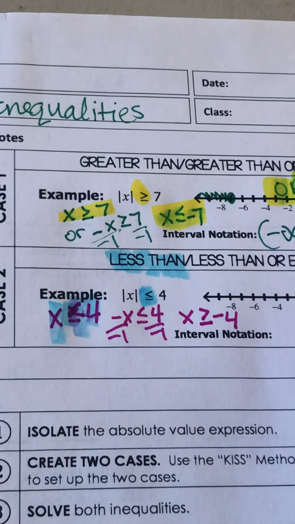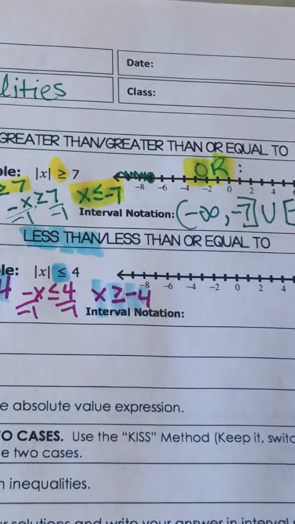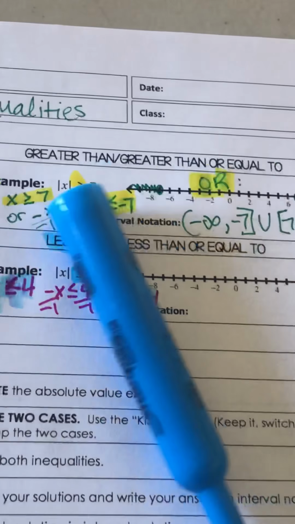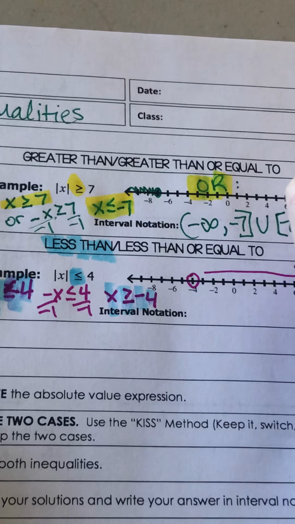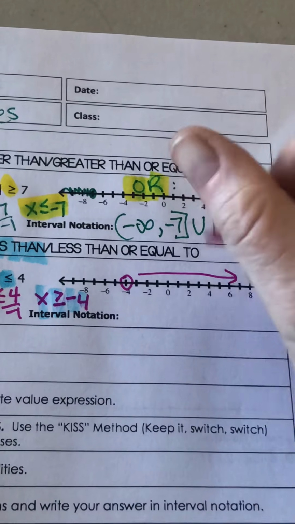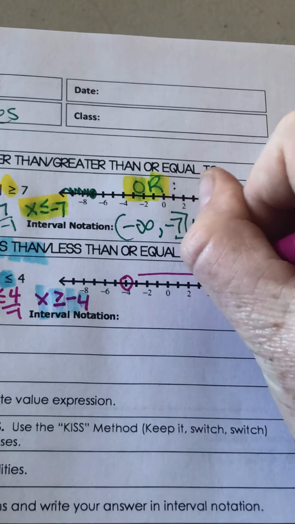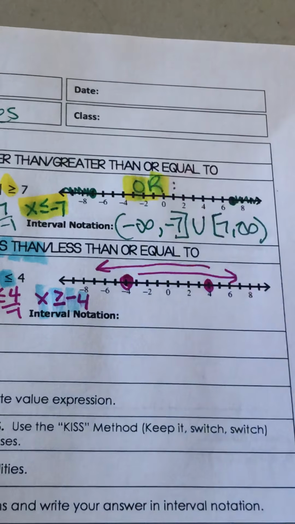Okay, so if we were to graph that, x would be greater than or equal to -4, which is this way. But x would be less than or equal to 4. Sorry, those should be closed. Which would be that way.